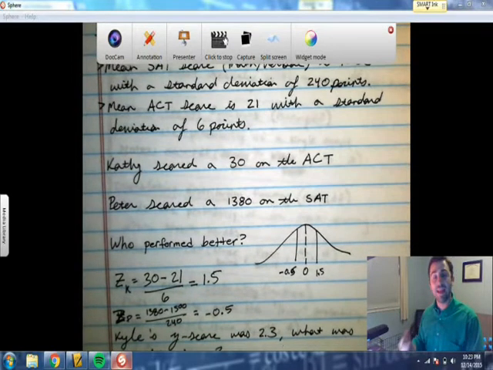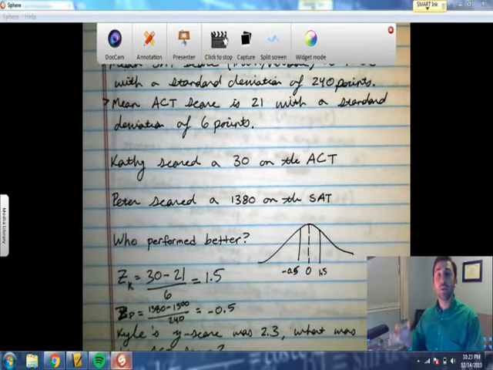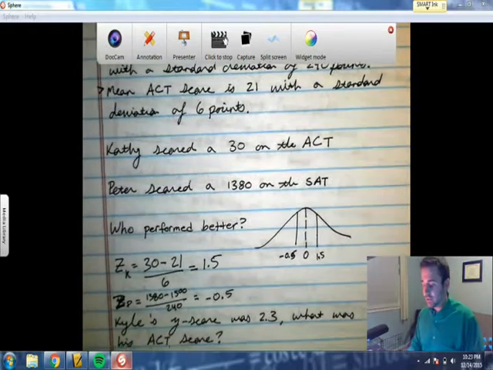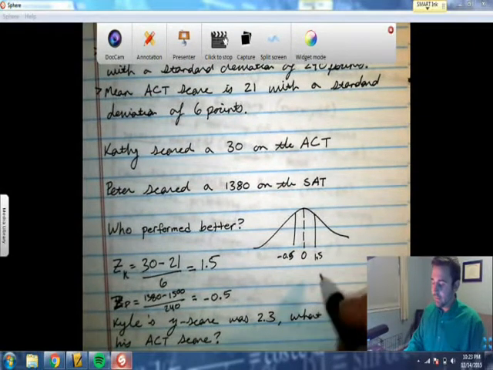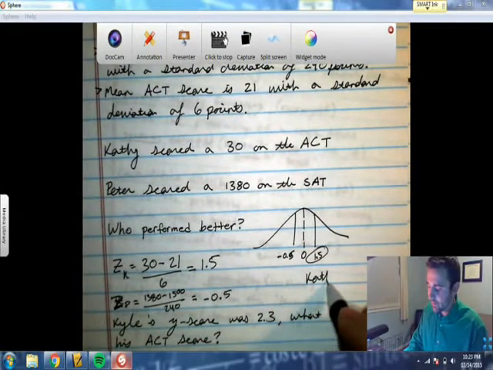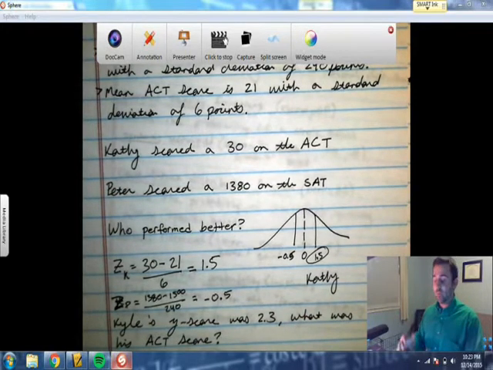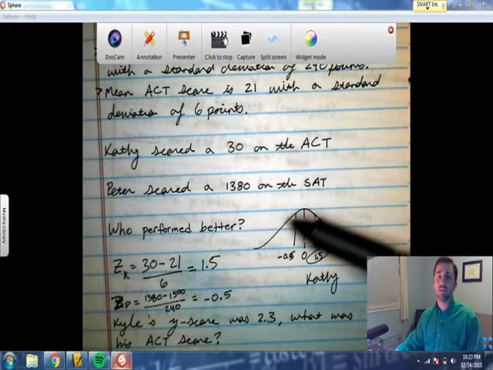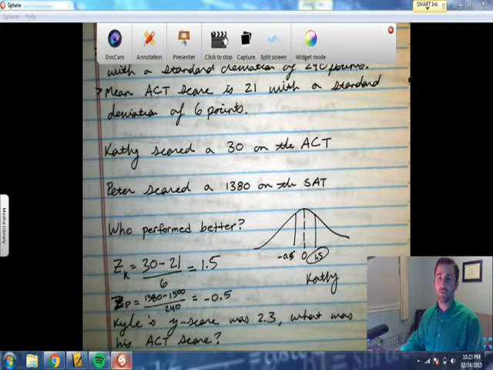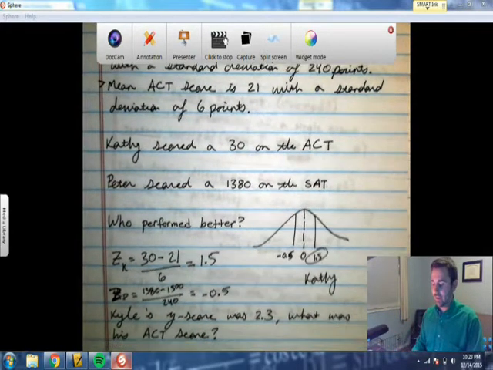So that negative z-score value would be below the mean. Looking at the 2, who did better? Kathy performed better on the test because even though her score is lower, based on the scale and the standard deviation and means, when I normalize these 2 scores and put them on a normal distribution, I see that Kathy performed higher.